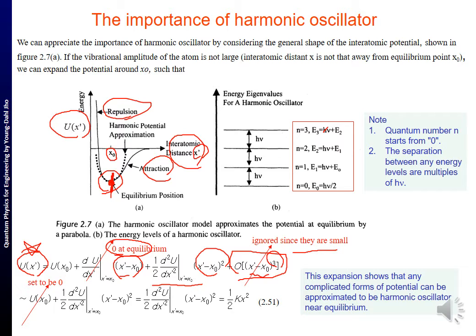The first derivative should be 0 at the minimum, so this must be 0. So the leading term is actually this one. And surely this is non-zero, it depends on the shape of U.